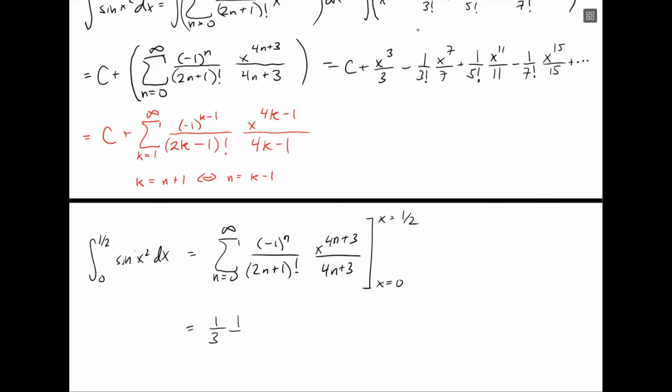So I'm going to get back 1/3 times 1 over 2 to the 3rd, minus 1 over 3 factorial times 1 over 7 times 2 to the 7th, plus 1 over 5 factorial times 1 over 11 times 2 to the 11th, and so on. That's what I get right here.